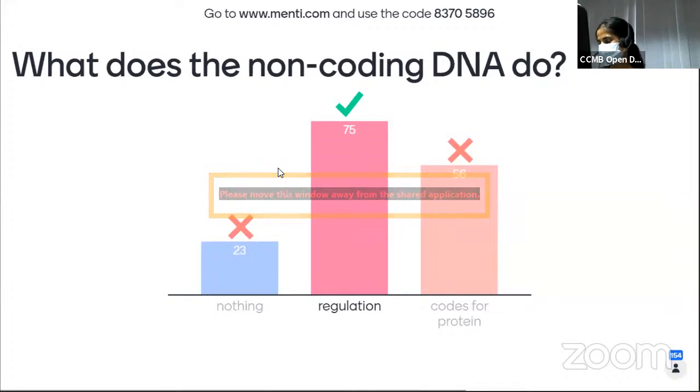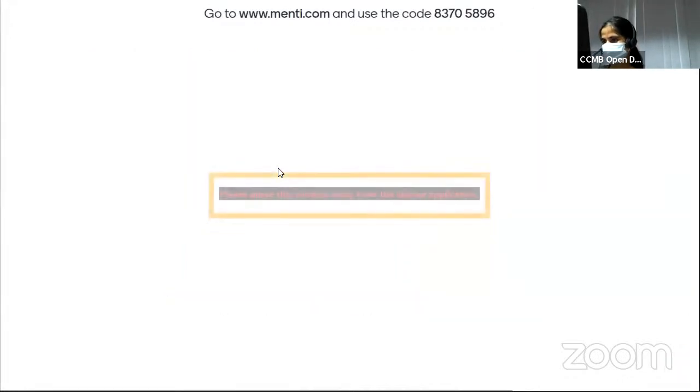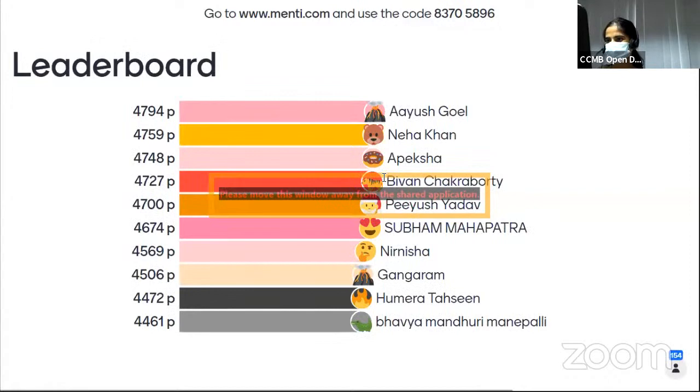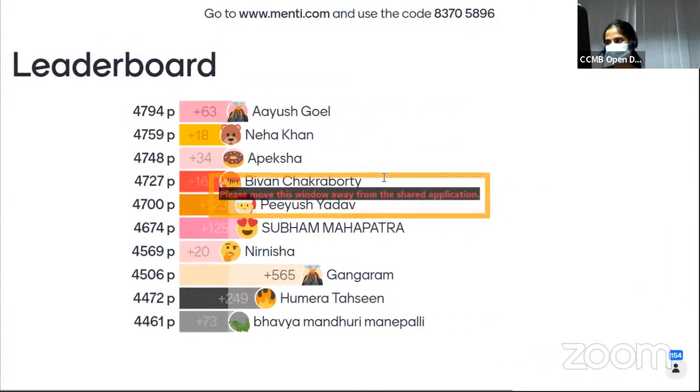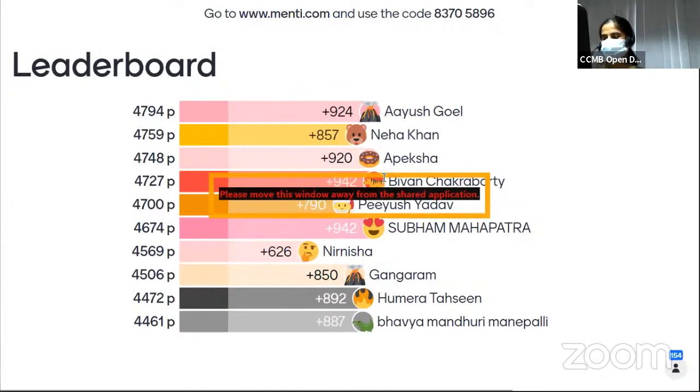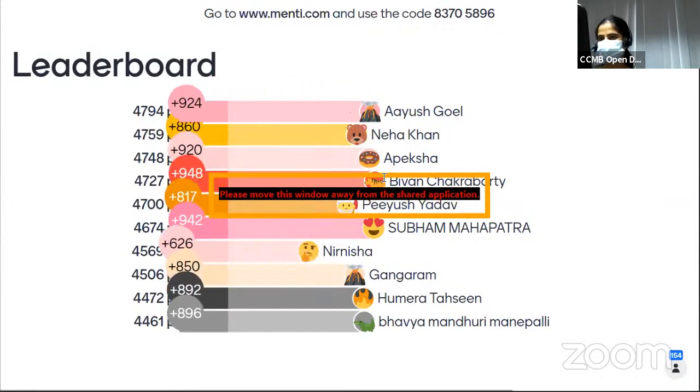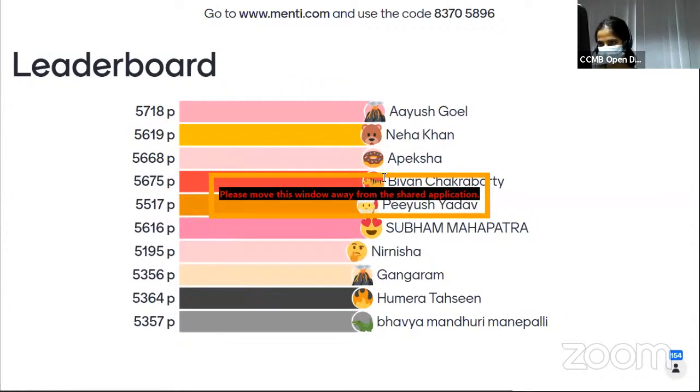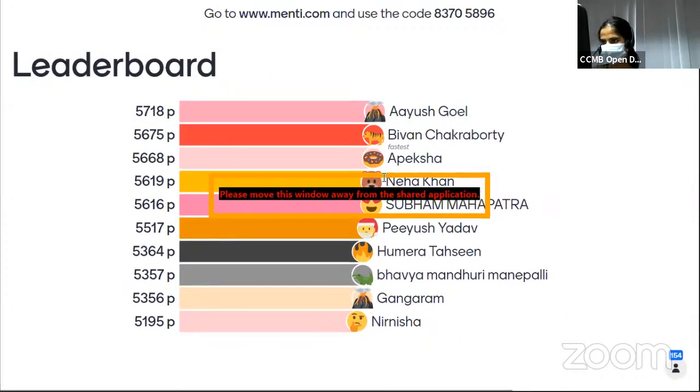So they do not code for protein, but they play important role in regulation of genes. Move on to the next question.